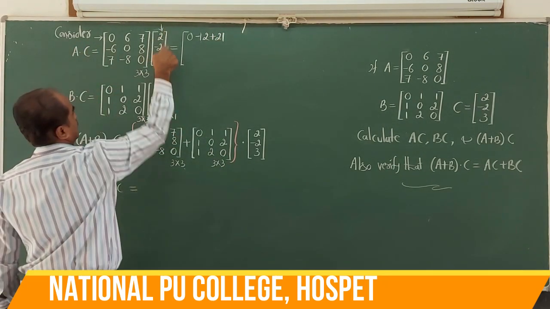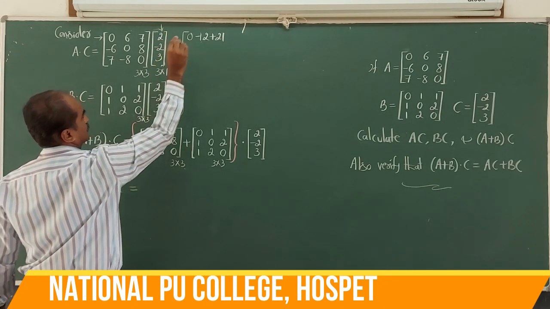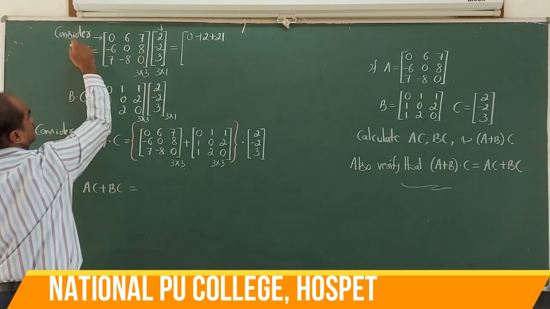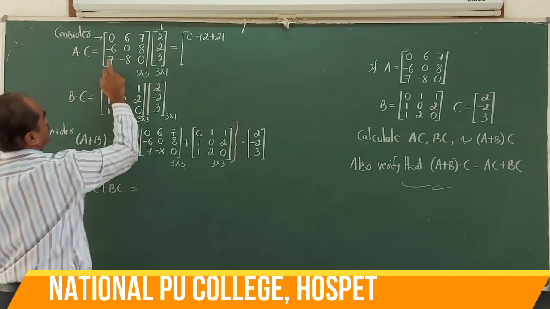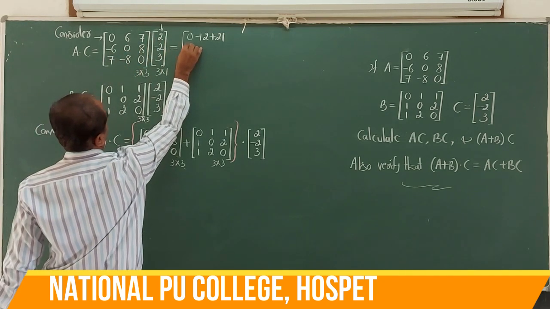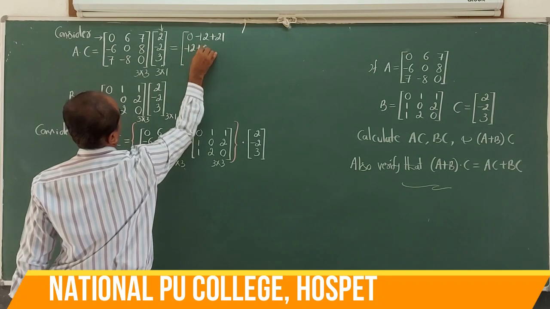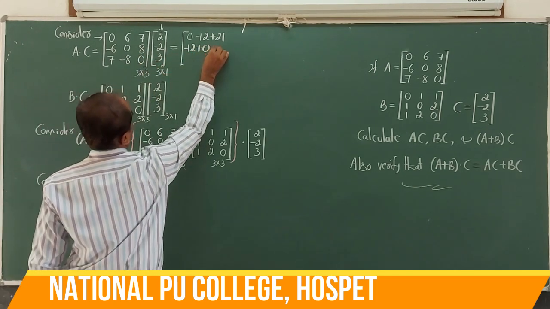First row, second column, no second column here, so it ends. Next take second row elements and the same column elements. Minus 6 into 2, minus 12; 0 into minus 2, 0; 8 into 3, 24.